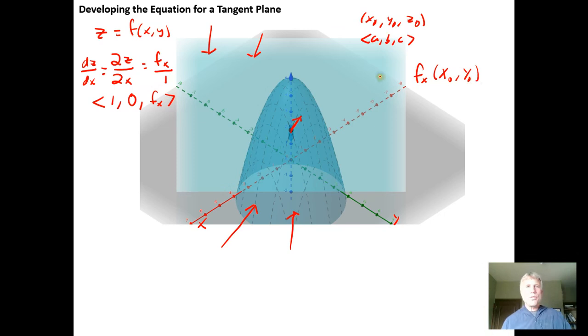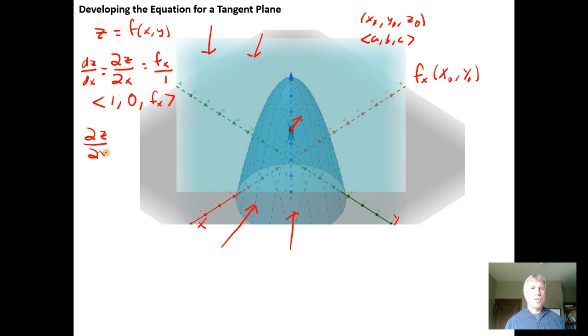And the moment I do that and plug that value in for f sub x here, I have a vector that lies in a plane that's parallel to the x-axis and that is tangent to the surface at that point. And if it's tangent to the surface, then it has to lie in the tangent plane at that point.